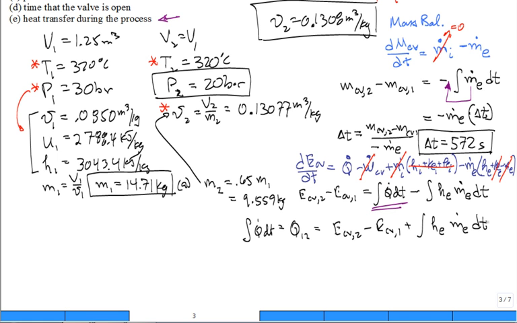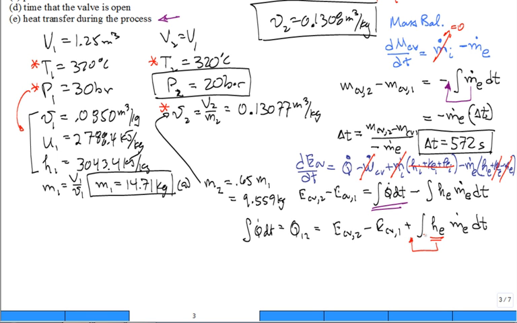We look at this equation very longingly and say, if this could be a constant, it would come outside the integral, true? If the enthalpy of the flowing steam leaving the control volume is constant during the time it's leaving, I can bring it outside the integral.